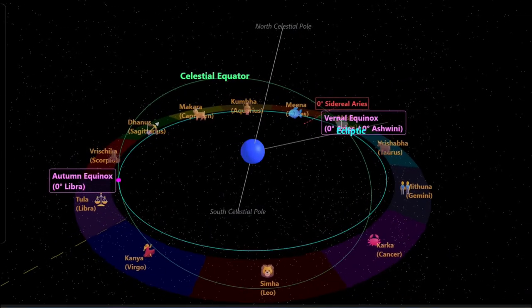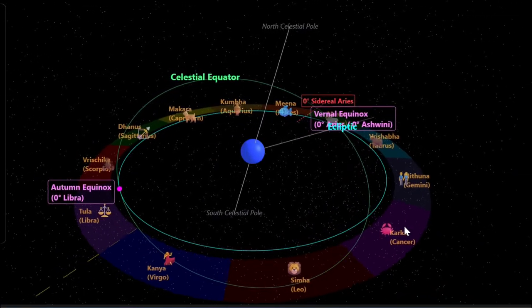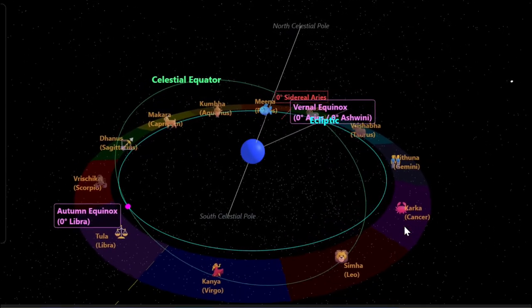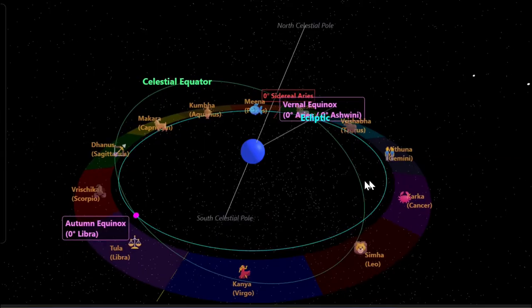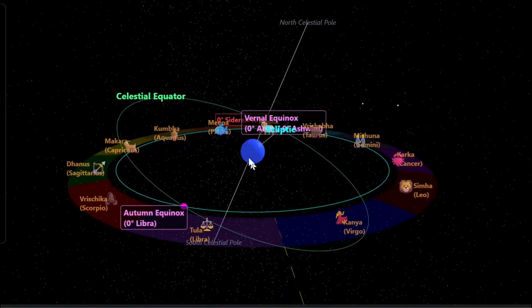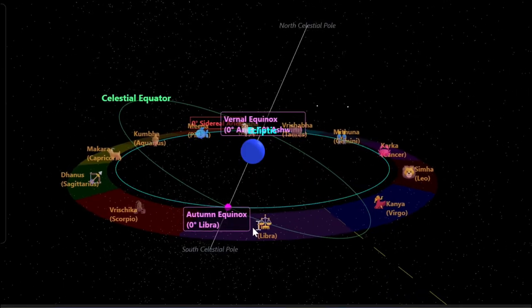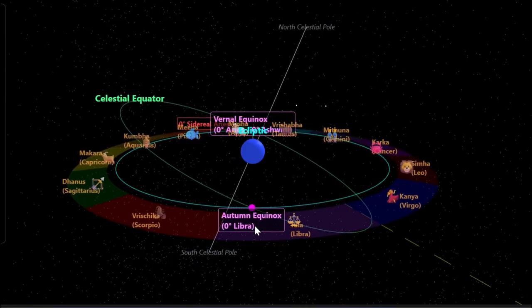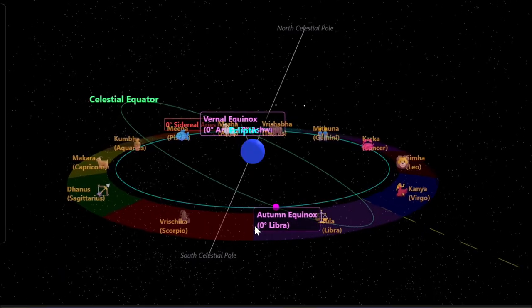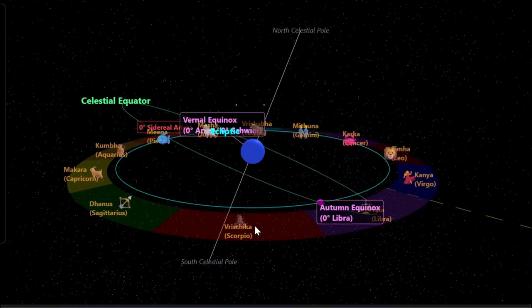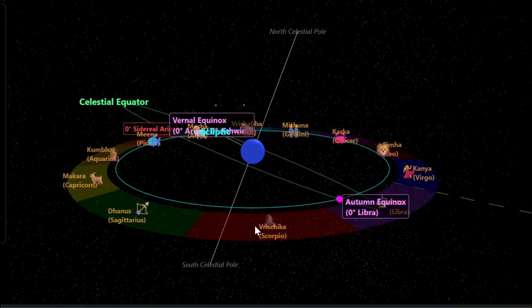See, there was a time when both these points were the same, but since the Earth is wobbling, like the Earth's axis, you can see this is the Earth's axis. When it moves, it also wobbles. Due to this, when the Earth rotates around the sun, it doesn't reach exactly the same point.